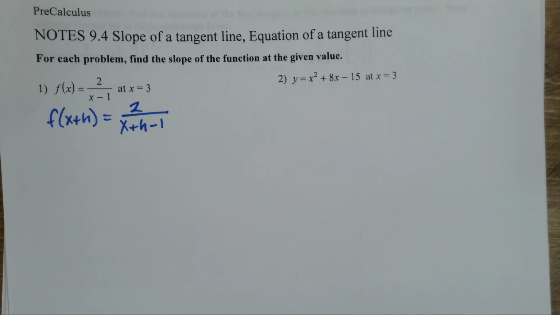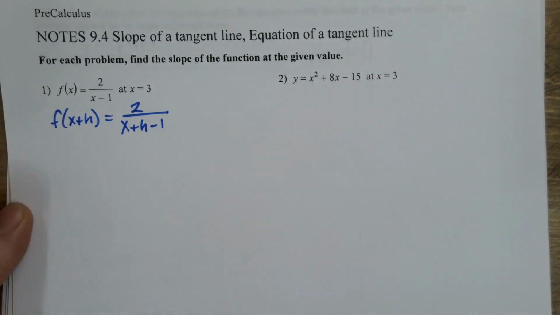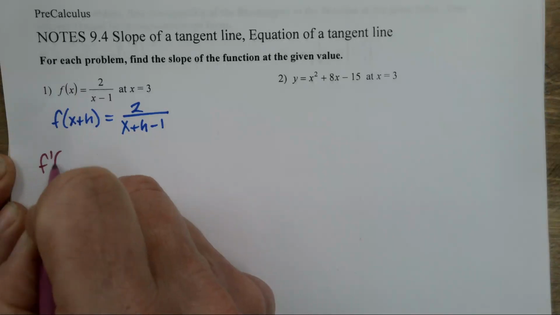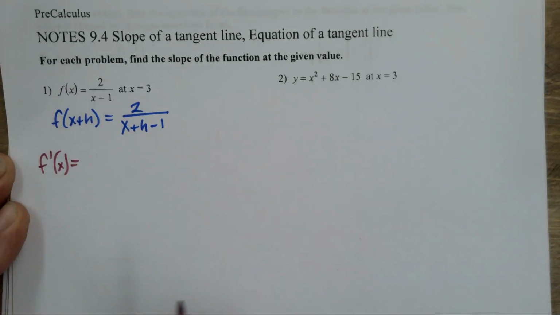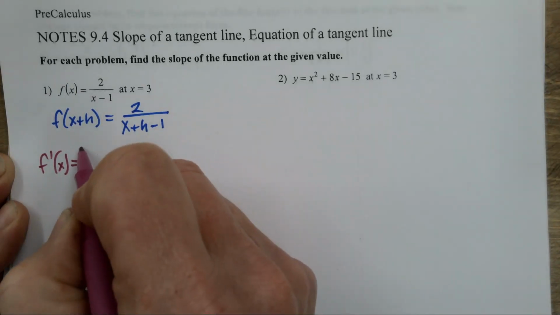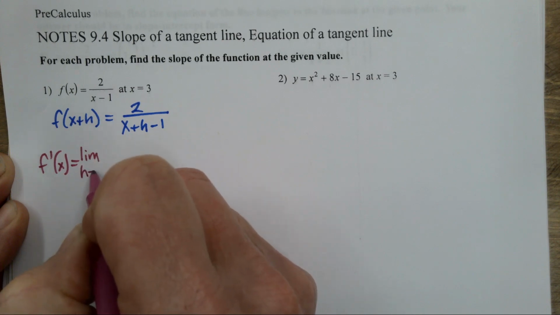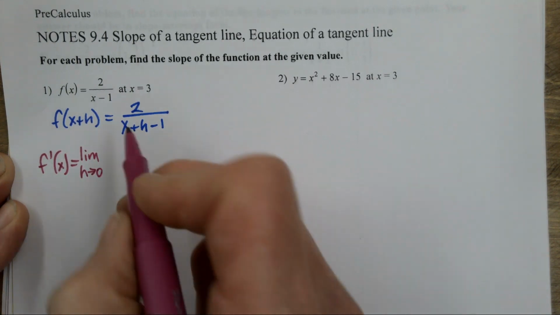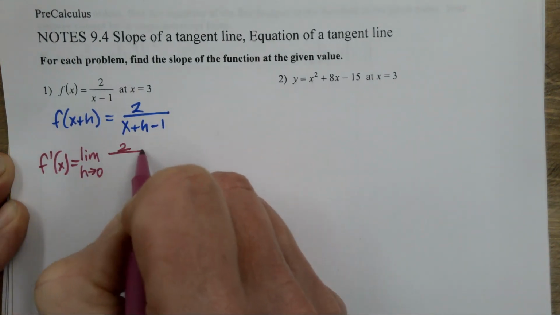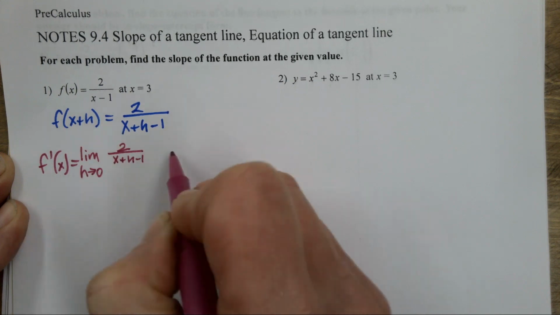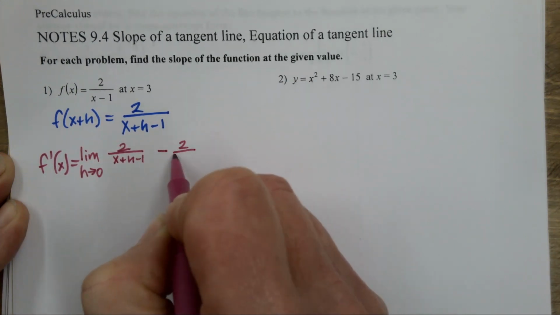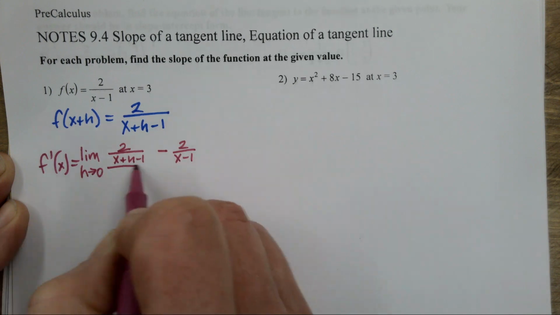So my definition of derivative is, the derivative is found by taking the limit as h approaches 0 of f of x plus h minus f of x all over h.